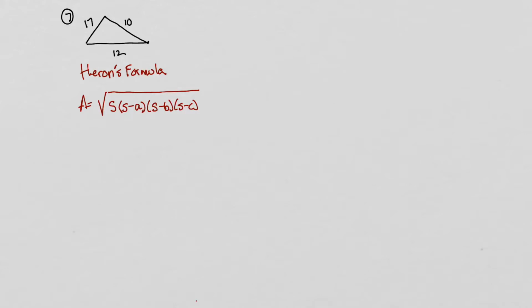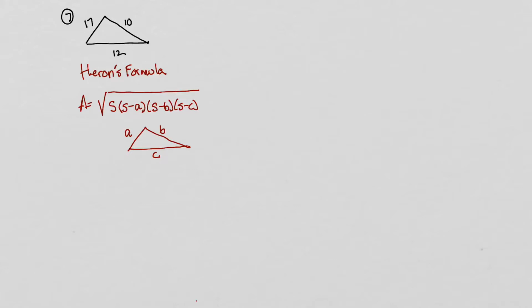And here's what the a, b, and c are. In a triangle, if this is a, b, and c, so in our case, we're going to have the a is the 17, the b is the 10, and the c is the 12.